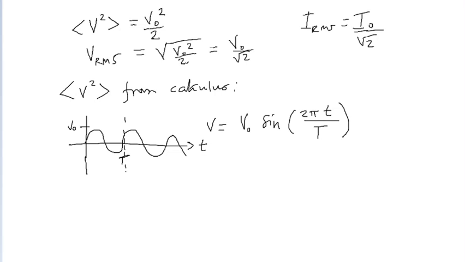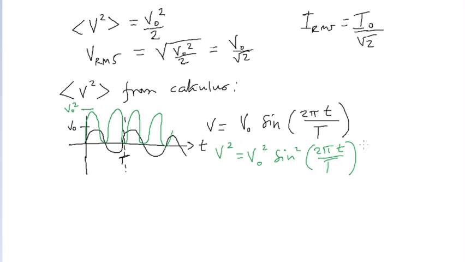And then of course I'm just going to attempt my v squared again. So that will look something like that. Oh god, that's not very nice, but something like that. And here you've got v naught squared. Now I hope you agree that v squared is simply v naught squared sine squared 2 pi t over T. All right, so now to find the average value of v squared, we need to do a bit of integration.